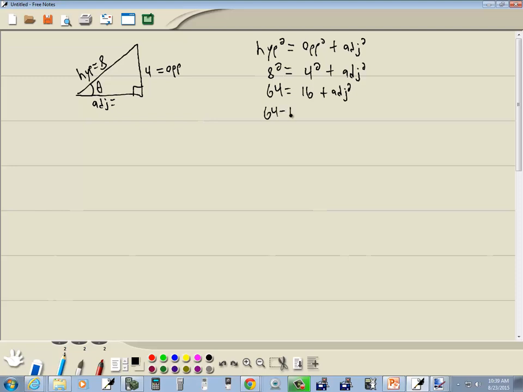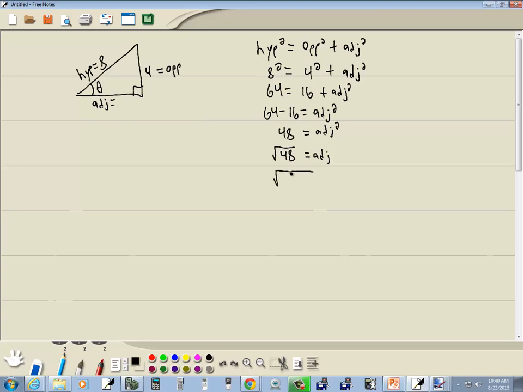Take 16 over, it becomes a negative 16. 64 minus 16, I believe, is 48. Yeah, 48 equals adjacent squared. And we'll drop our squared and put a square root around the other side. So we've got square root of 48 is equal to the adjacent.